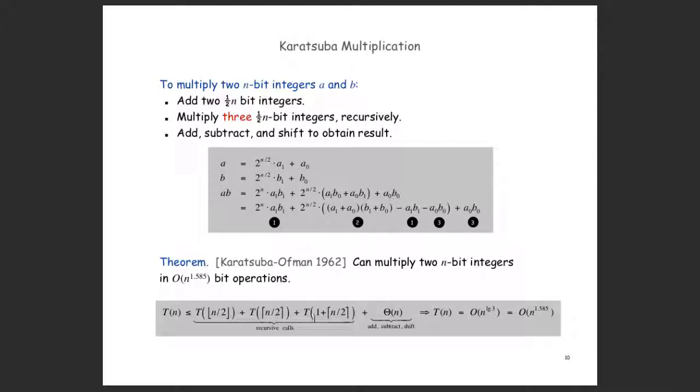And so now we end up with basically 3 times T of n divided by 2-ish. And by doing mathematical magic, they prove that this is order of n to the 1.585 instead of n to the 2.